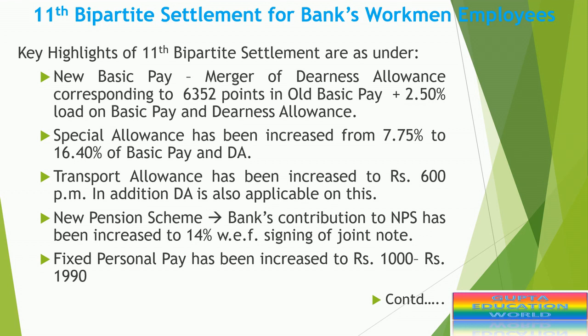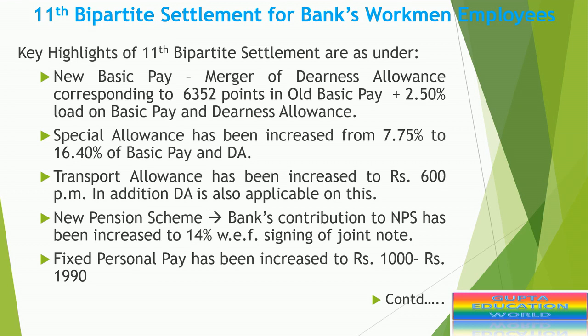New basic pay, merger of DNS allowance corresponding to 6352 points in old basic pay plus 2.5% load on basic pay and DNS allowance. Special allowance has been increased from 7.75% to 16.40% of basic pay and DA. Transport allowance has been increased to 600 per month.